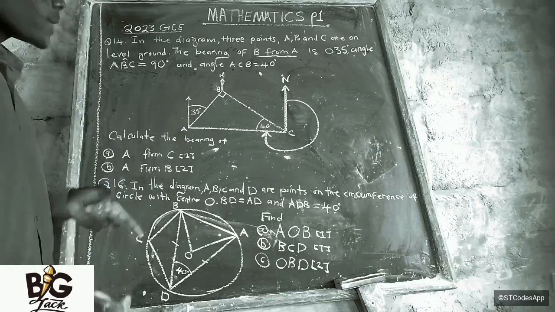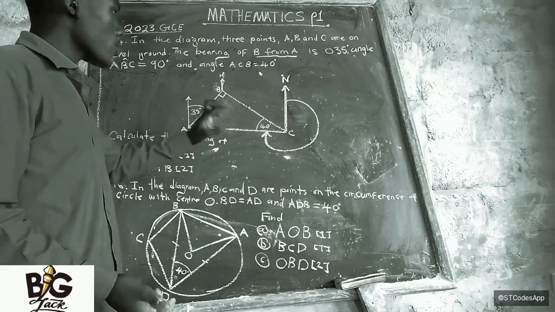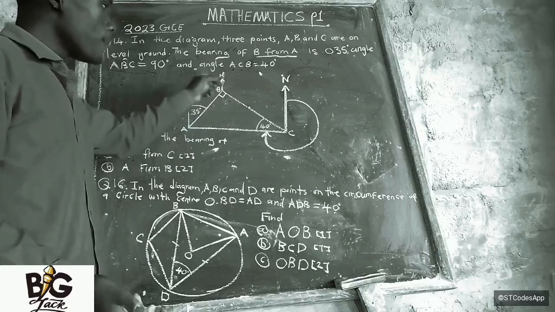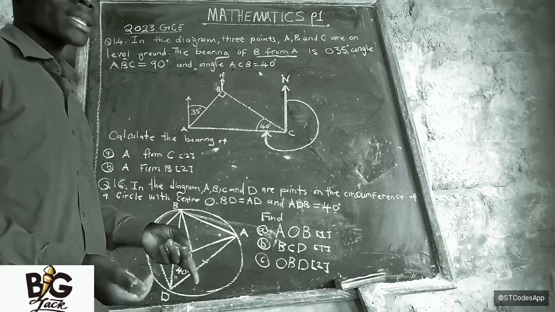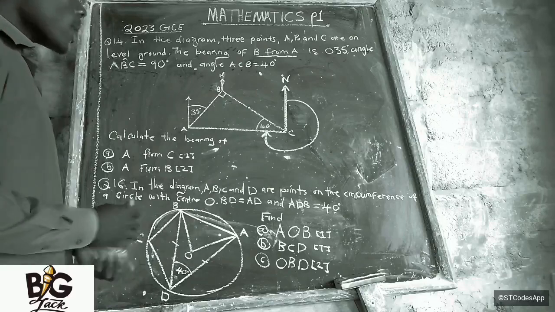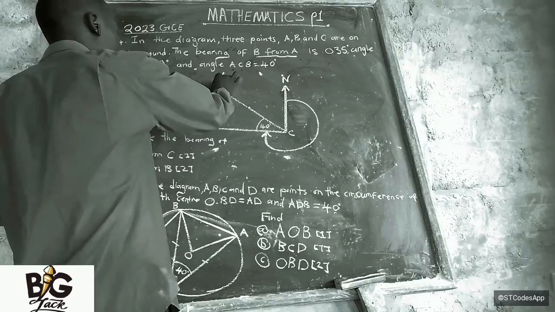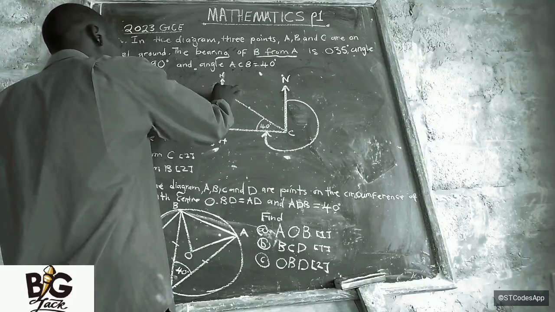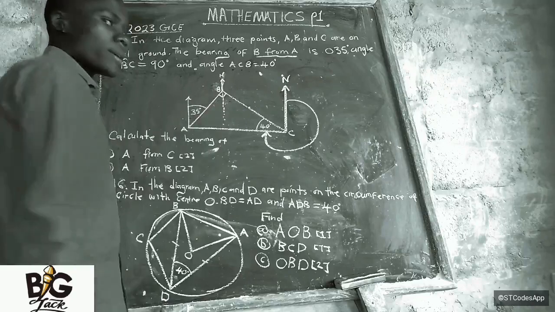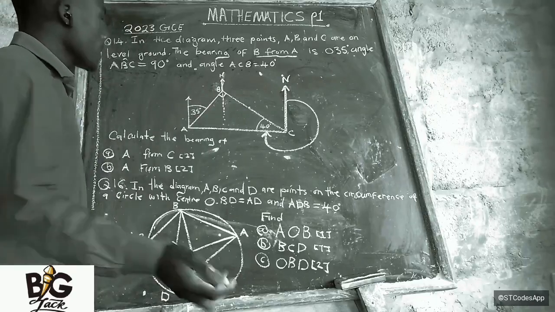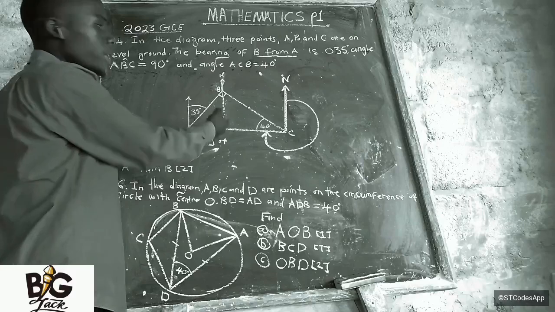Now, we have been given the information that angle ABC is equal to 90 degrees. Let's have an example. If we extend this north line here, we are going to find that this angle will be alternate to this angle.